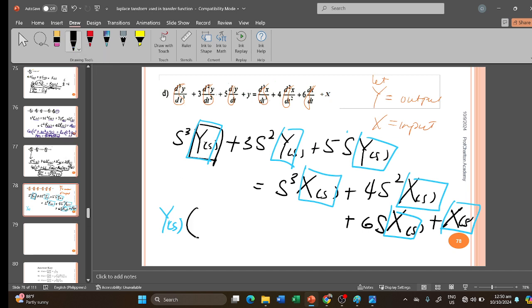In order to achieve s cube Y, we multiply with s cube plus 3s squared. And then 5s Y becomes plus 5s, plus 1. Then here is the side of X.